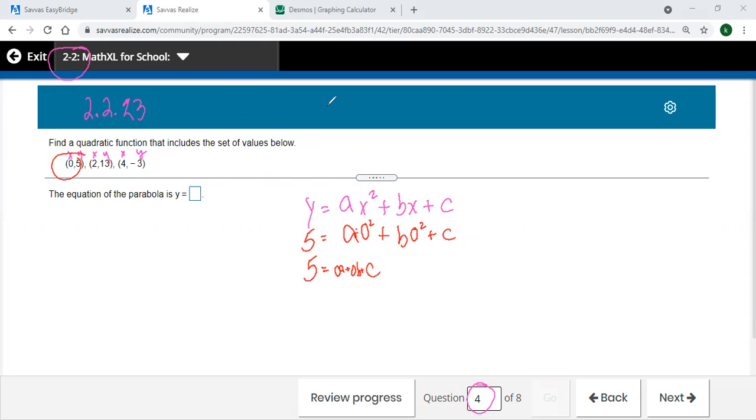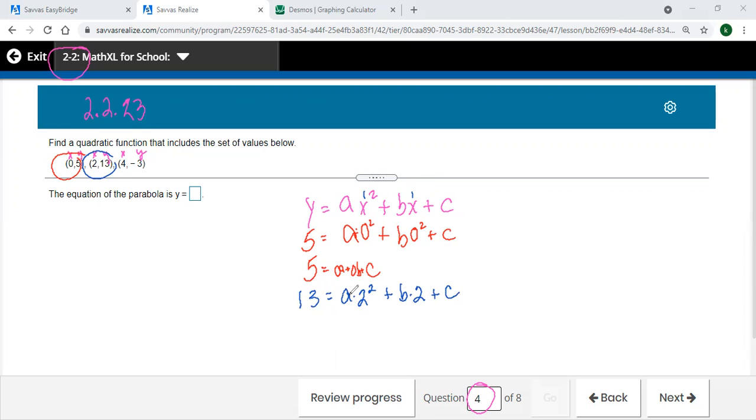Then if you go to the next equation, let's say we jump down here to this 2, 13. My y is the 13, a is still a, and the 2 is the x. Again, this x and this x, I'm changing to the x values of that ordered pair.